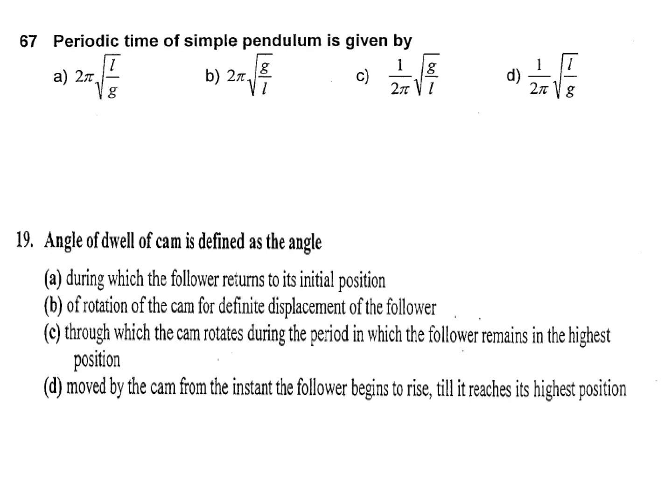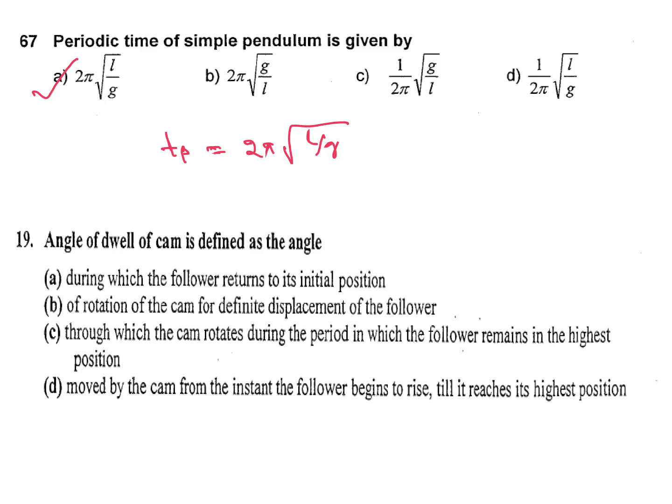Periodic time of simple pendulum is given by, we know time period for simple pendulum, it's 2 pi root over L by g. So A is our answer.